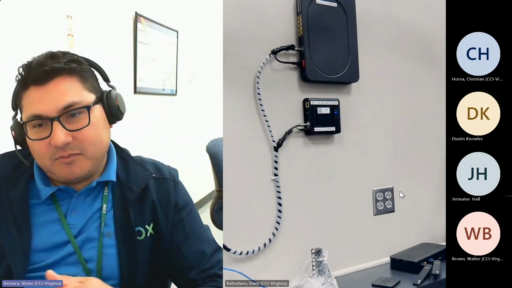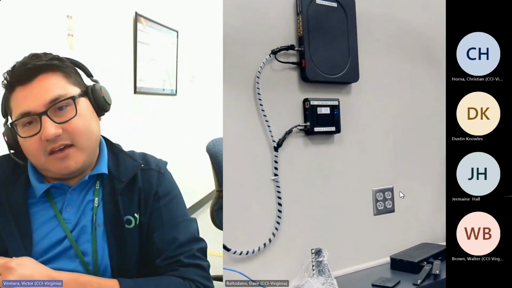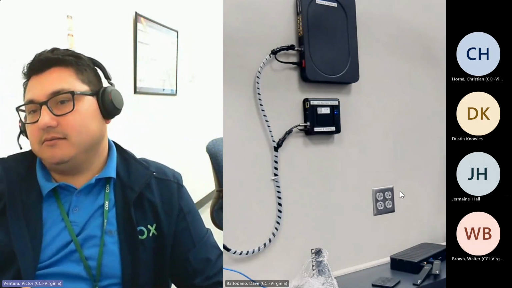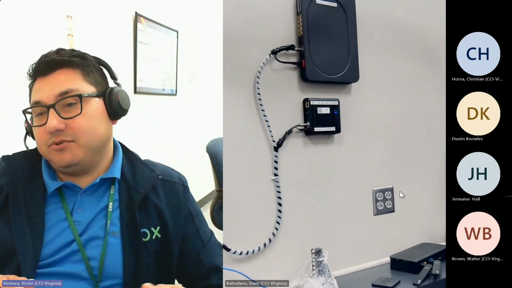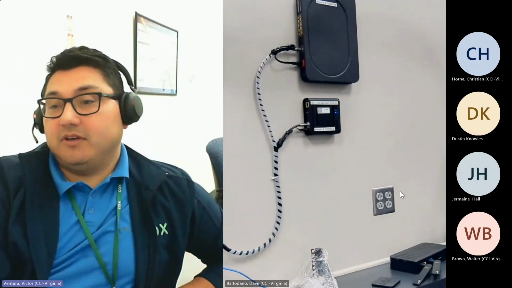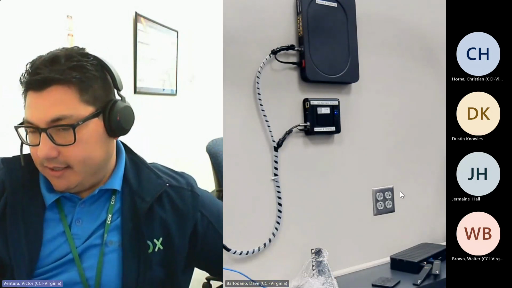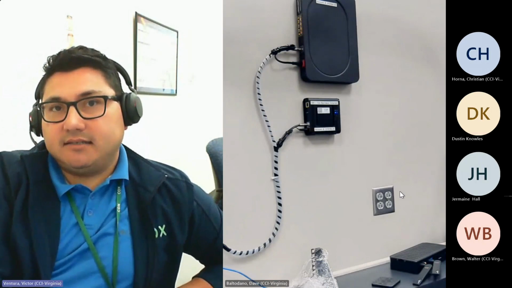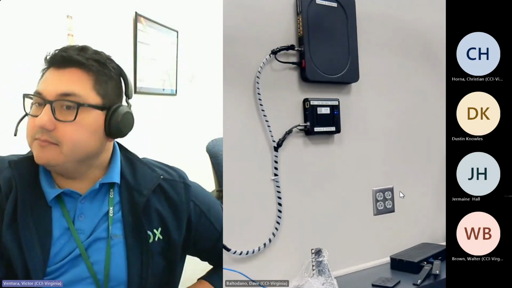But we don't want the customer plugging in their computer and thinking that that is their internet connection. They have to use their own data connection to go to the internet. So on VLAN 169 the DHCP server is disabled.